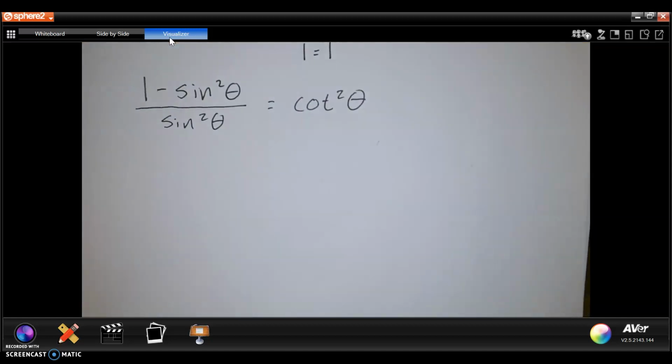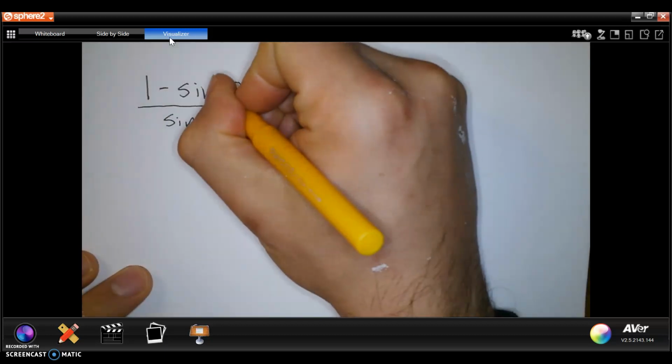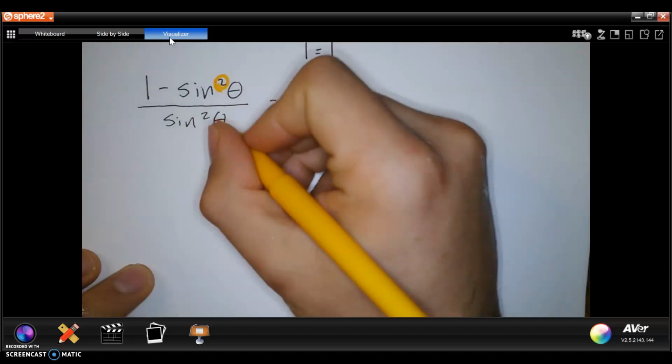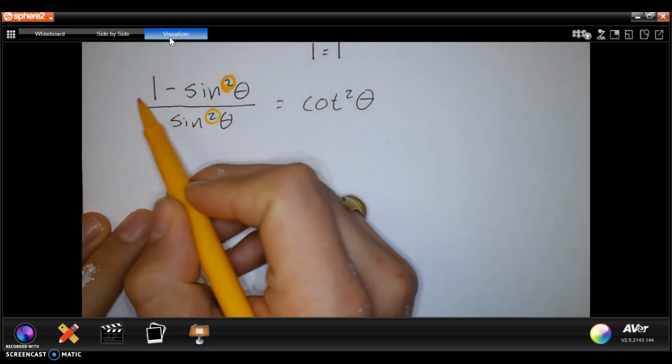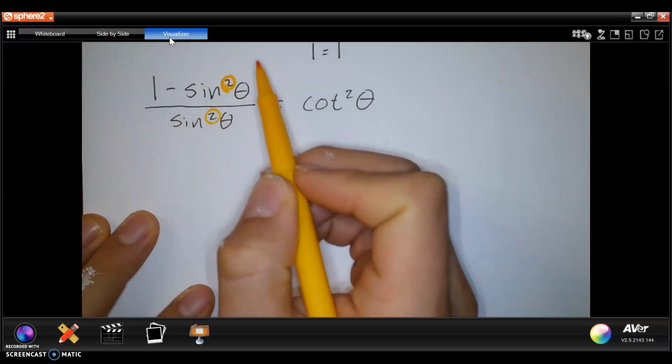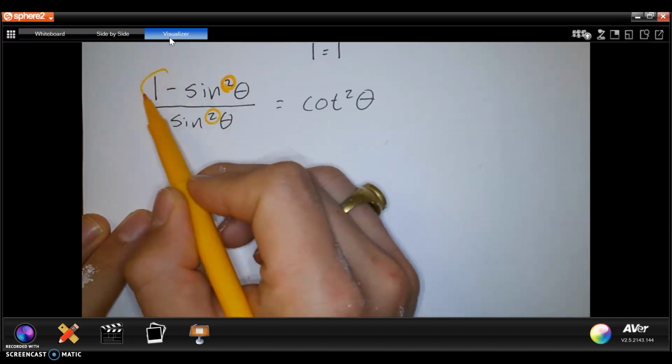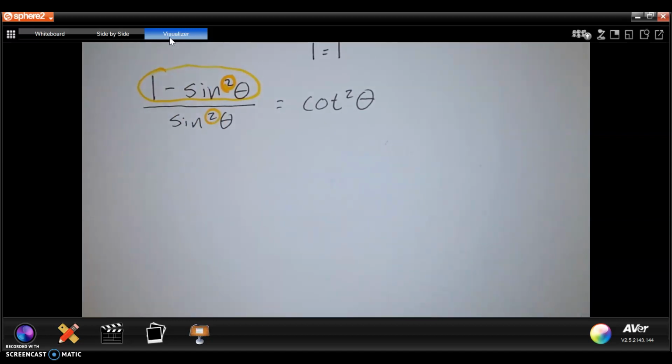Now, kind of your bigger clue is this right here, right? When we see these squareds, we want to be thinking Pythagorean identities. Like that sheet we created last class is going to be really helpful. In fact, when you see these squares, especially when you see a group with a minus or plus 1, we want to be thinking, well, maybe there's a Pythagorean identity that can help us there. So we're going to go check our sheet.